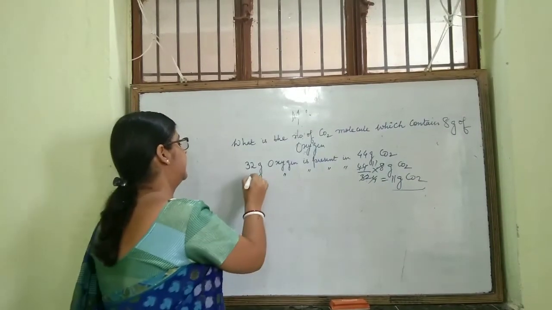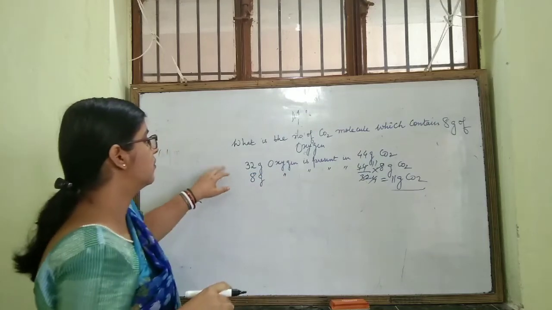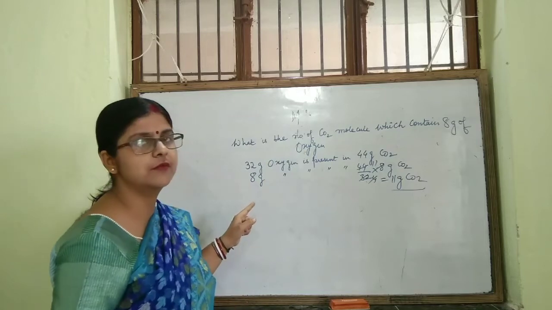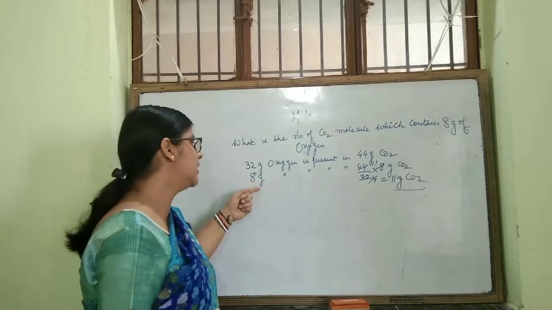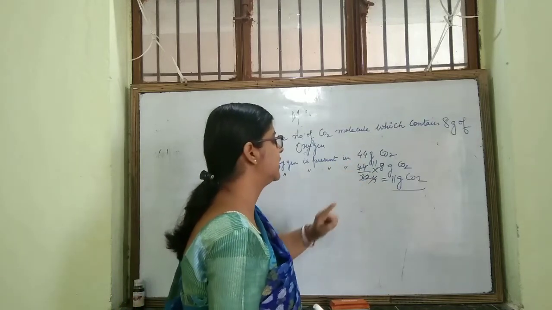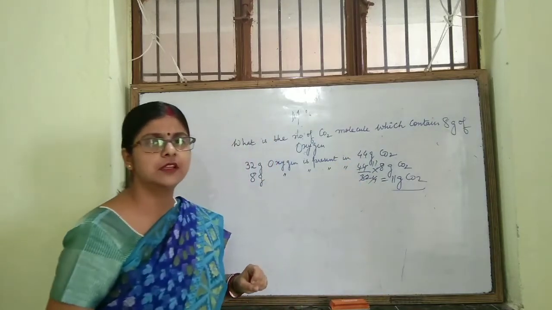Now, see, 32 gram oxygen is present in 44 gram carbon dioxide. So, 8 gram of oxygen is present in 44 by 32 into 8, that is 11 gram carbon dioxide.